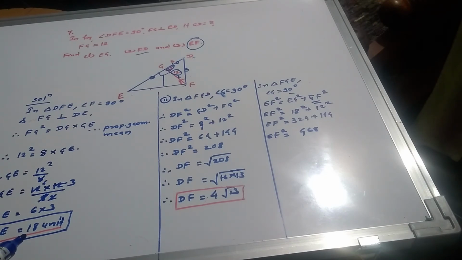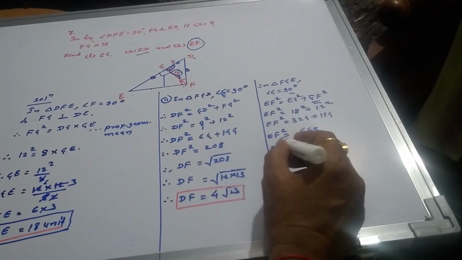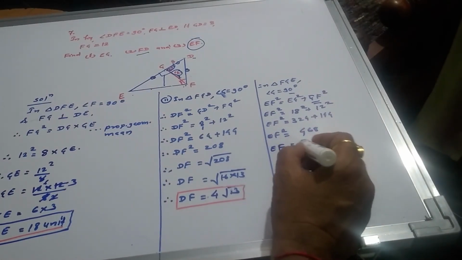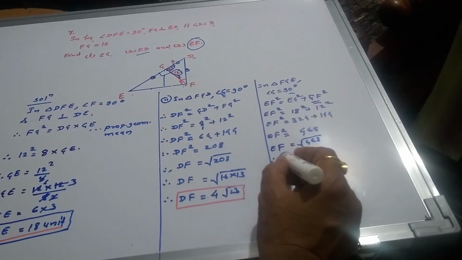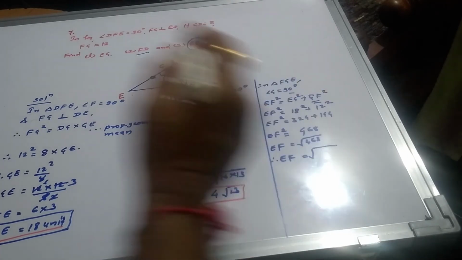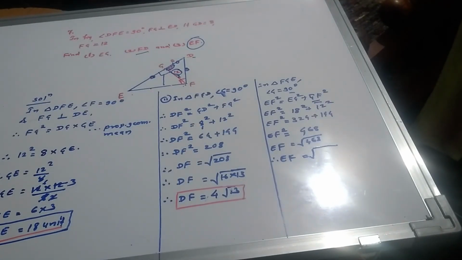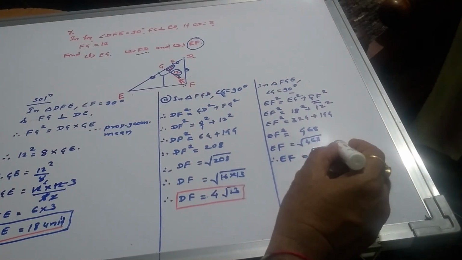Therefore EF is equal to under root of 468. So EF is equal to root of 36 into 13.